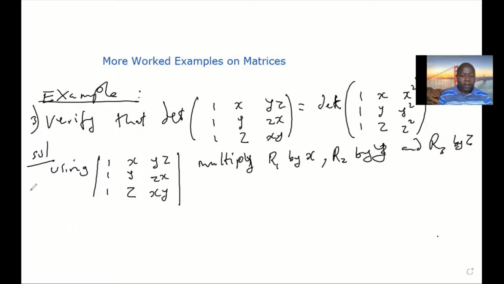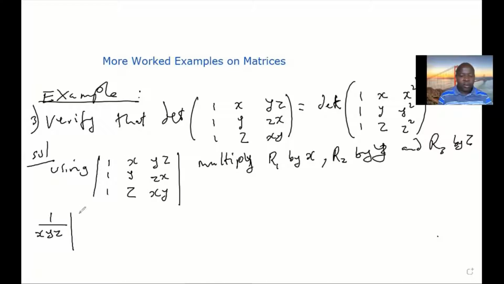Now, when that happens, what do I get? I've multiplied by x in row 1, y in row 2, and z in row 3. So I have to divide so that I maintain the determinant, so that the determinant remains the same.